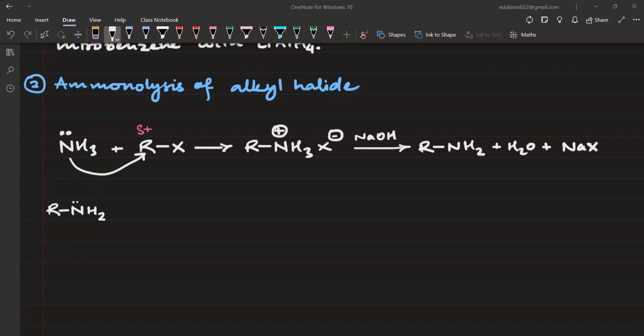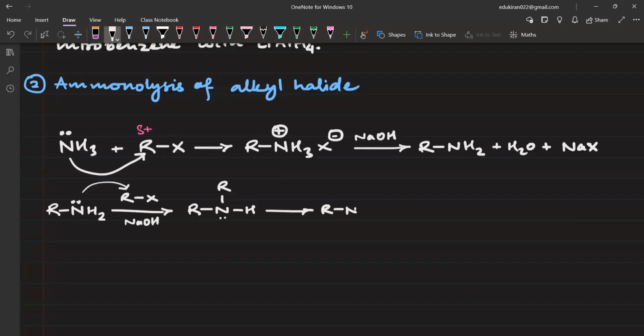Now as the reaction proceeds, the remaining alkyl halide can be attacked by ammonia and also by the lone pair of nitrogen of the primary amine, so this RNH2 can also attack RX. With NaOH in the second step, you will have R nitrogen with another R group and a hydrogen, a secondary amine. This secondary amine also has a lone pair, so it can react further to make R nitrogen R and one more R, the tertiary amine. It also has a lone pair, so it can once again attack RX.